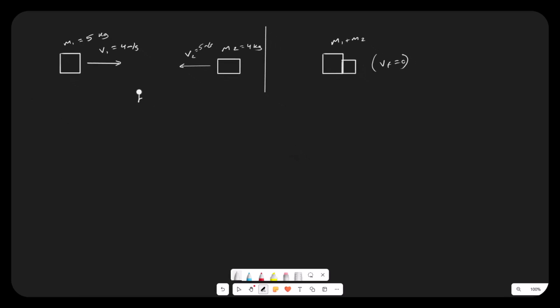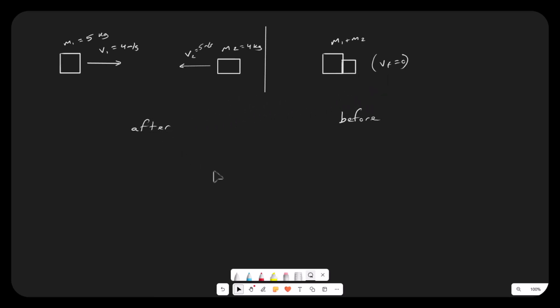In this case, we are looking at a before and an after. But what happens if we just reverse time? What if we take this thing and put it over here, and this thing and put it over here?